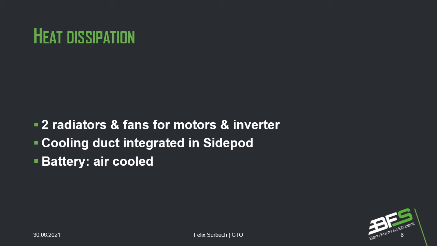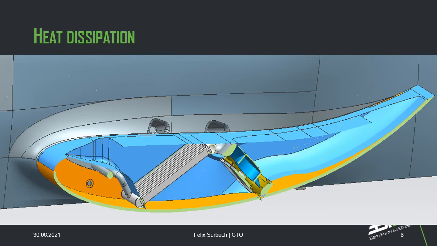As mentioned, the battery is separately air-cooled. If we were to cut through the side pod, this is how it looks. We tested several airflow simulations of the side pod with the inlet in the bottom half or in the top half, as well as the outlet on the top and then the bottom, to evaluate which inlet and outlet gives us the best downforce to drag ratio.